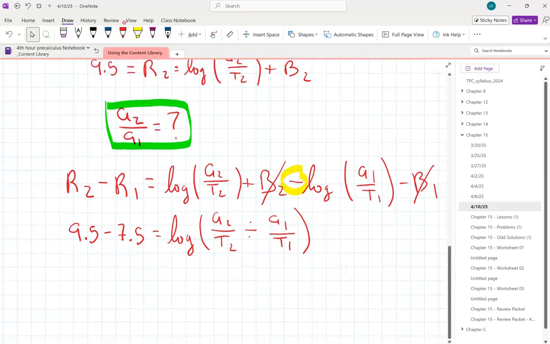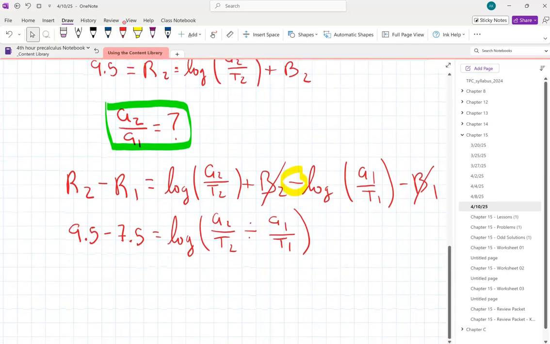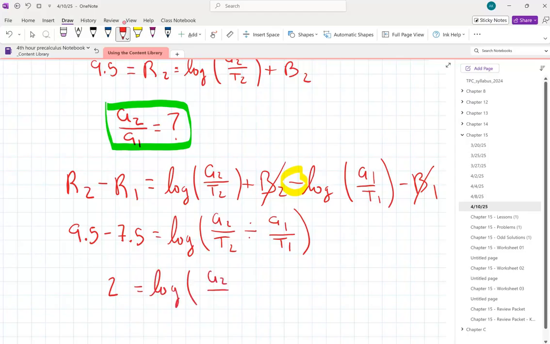And now 9.5 minus 7.5 is just 2. And to divide fractions, I know we multiply by a reciprocal. Everybody feel okay there?